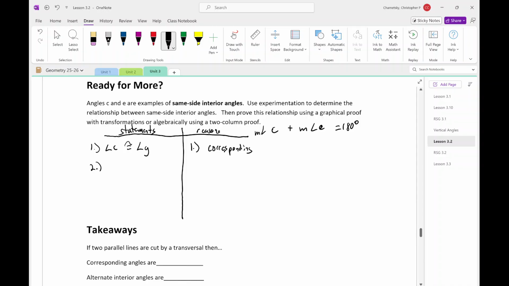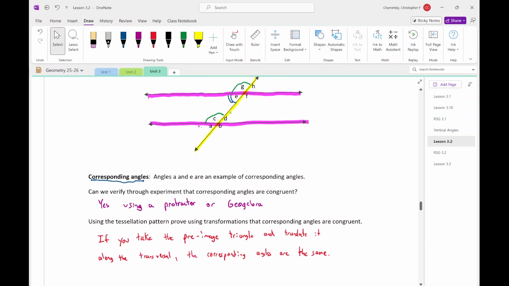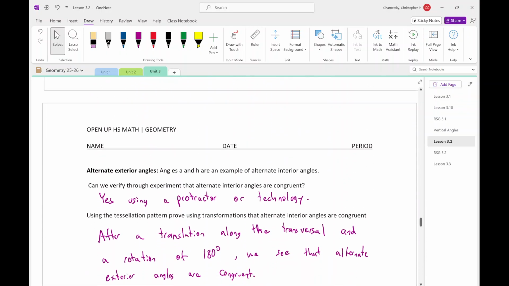We know that angle G plus angle E equals 180 degrees because they are a linear pair. So right next to each other, E and G are going to make 180 degrees.